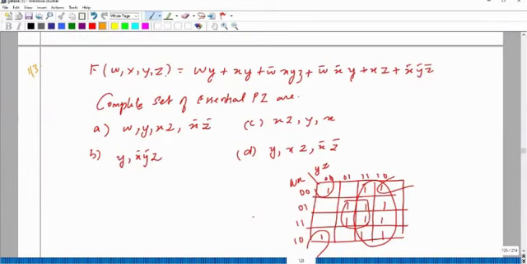So given f of w, x, y, z is equal to wy plus xy plus w bar xyz plus w bar x bar y plus xy plus x bar y bar z bar. Complete the set of essential prime implicants.